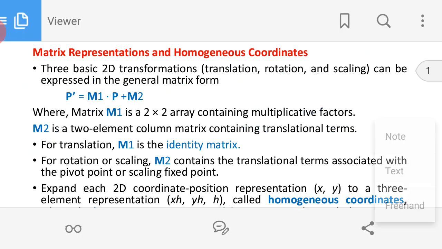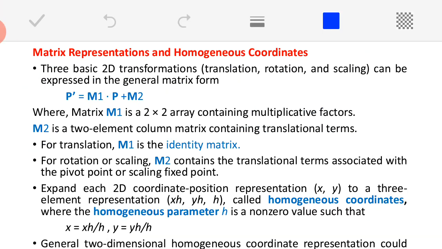And the next point is what? Whenever I want to perform a rotation and or scaling, then my M2 is going to contain what? The translation terms associated with the pivot point or the fixed point.